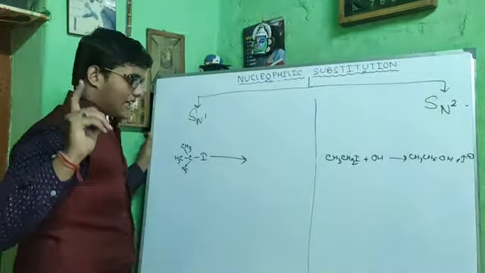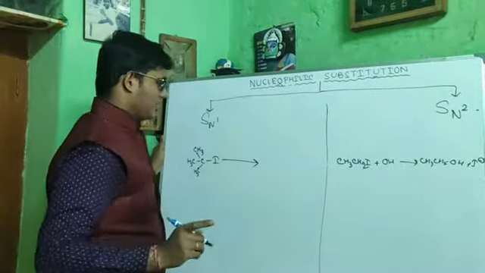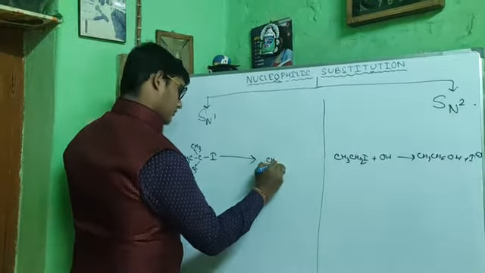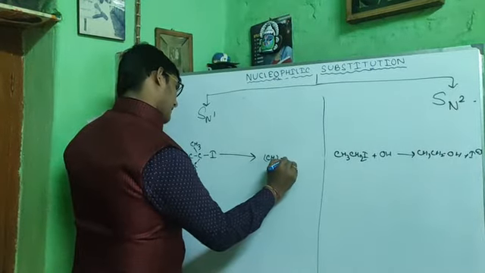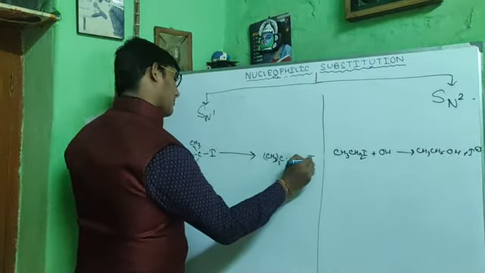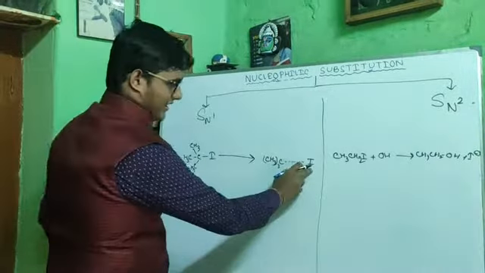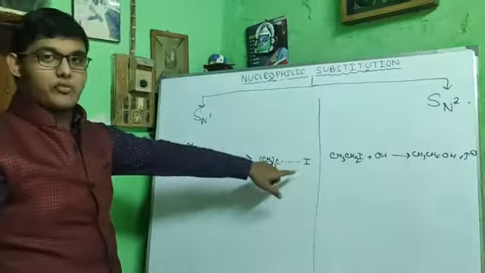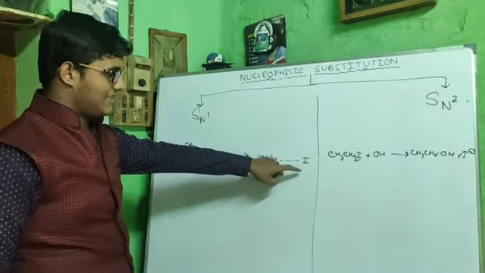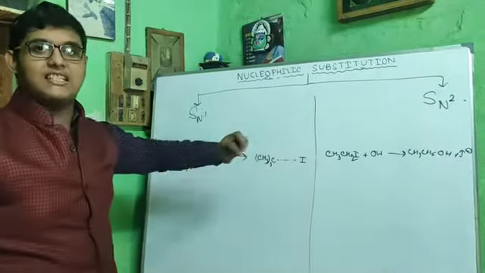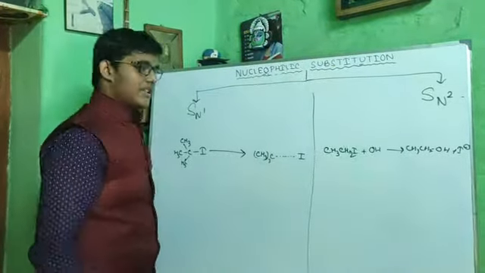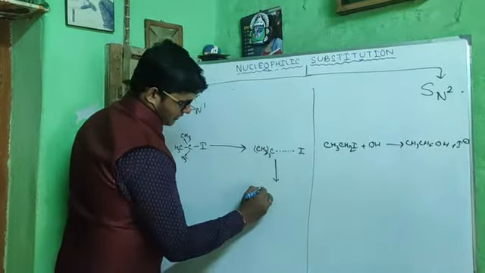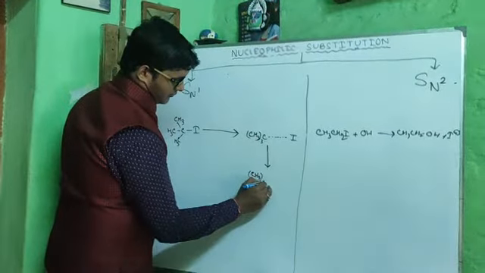For our ease of conception in chemistry, we assume that there is an intermediate in which the bond between this carbon and this iodine is getting broken, but has not been broken completely. This is an intermediate. This is imaginary. It doesn't exist in real, but we take it for the ease of our conception. Next, it is formed.